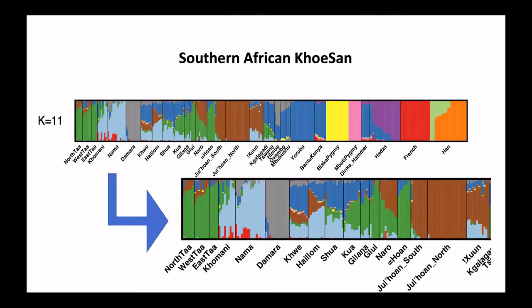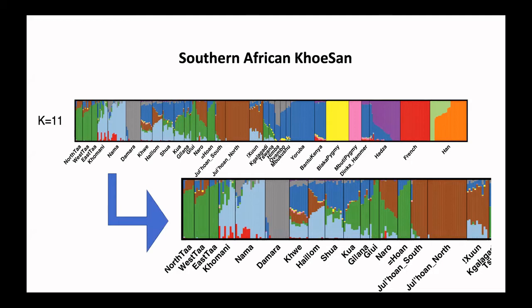This work was done in collaboration with Dr. Brenna Henn. If you look at the top panel, you'll see all the different populations that we used, as well as zooming in to the two populations that we are interested in here to answer the fine scale population structure question, and that is the Komani and Nama.